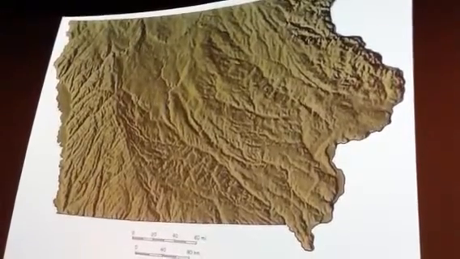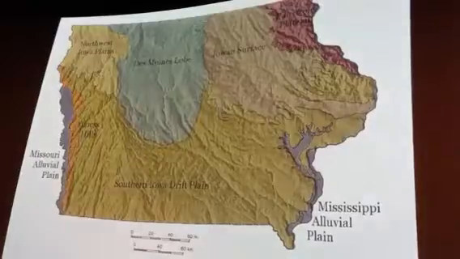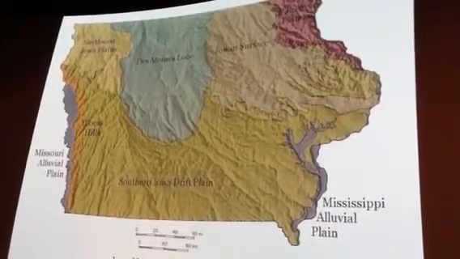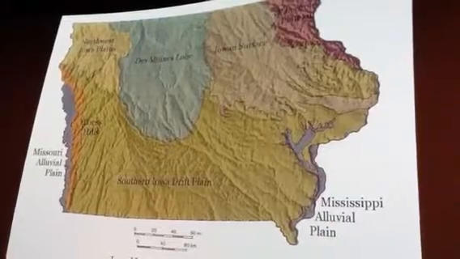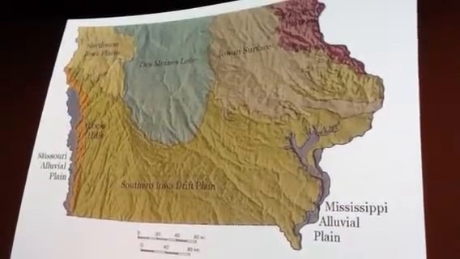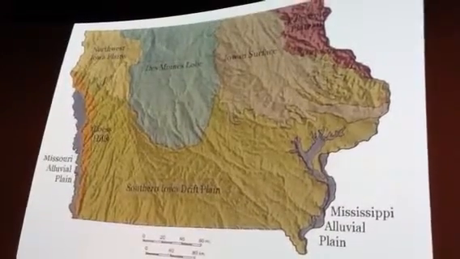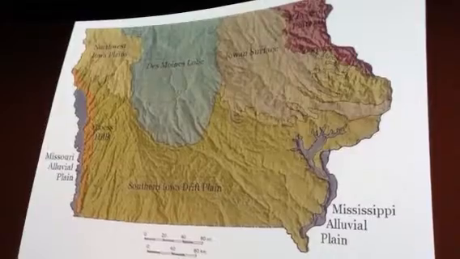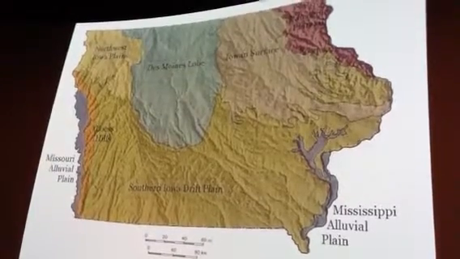You begin to pick out these regions, and we can actually map them. And using topographic maps, using aerial photos, using some of the new LiDAR imagery, which is incredibly accurate laser measurements that are being done from the air now, accurate within 2 feet or less.